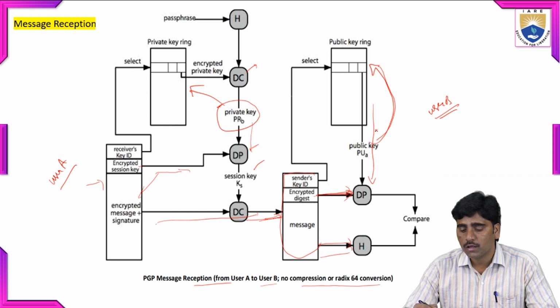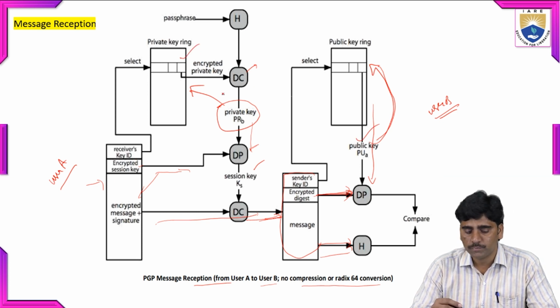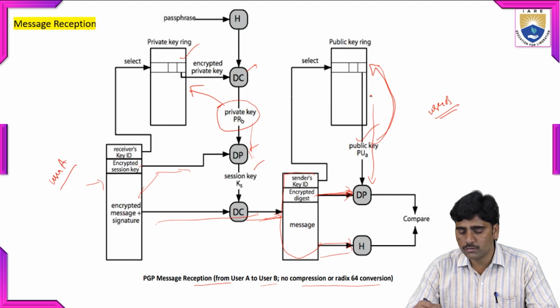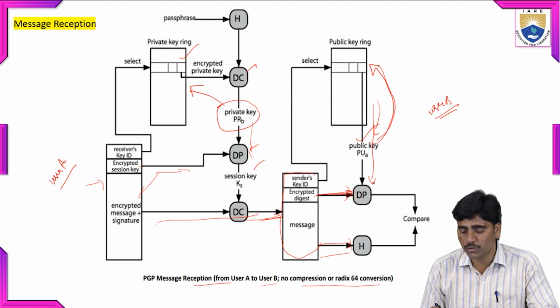The public keyring maintains all the public keys. Here the private keyring maintains all the private keys. So these private keys are used for decoding session keys, and the public keys are used for decoding the message. So now the encrypted digest is decoded with the help of this public key.